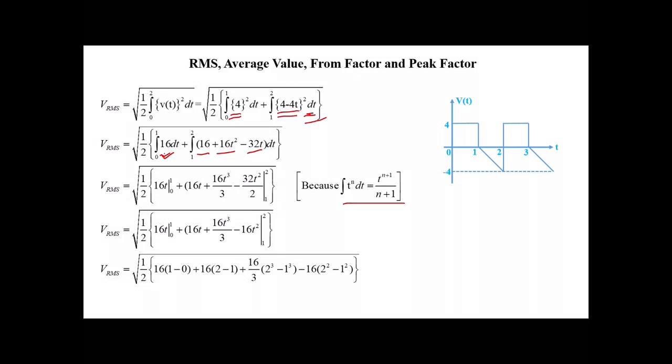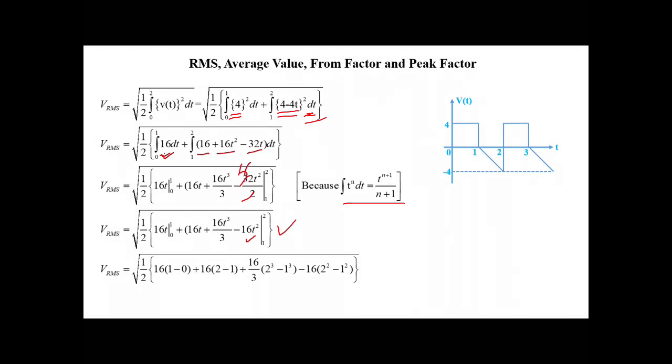We can further simplify it. VRMS equals under root 1 upon 2, 16t limit 0 to 1 plus 16t plus 16t cube divided by 3 minus 16t square limit 1 to 2. Now substitute the value of limit in this equation.